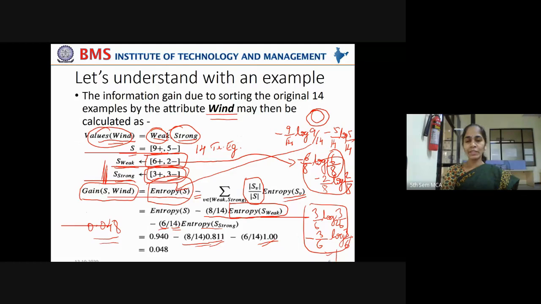It will get an information gain of 0.048, right? Like that, it will calculate the information gain for outlook, for humidity, and for the other given attributes. Wherever the information gain is more, that will be the root node of the decision tree.